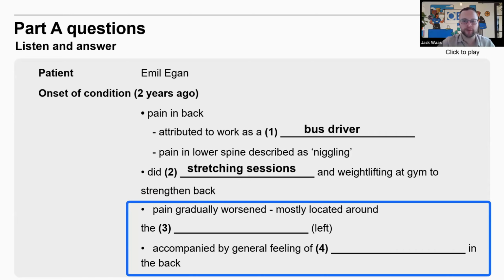All right, let's go through our answers. We have glute and stiffness. Glute and stiffness are our answers here.